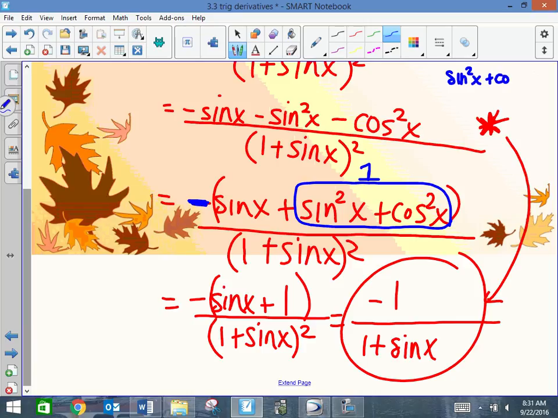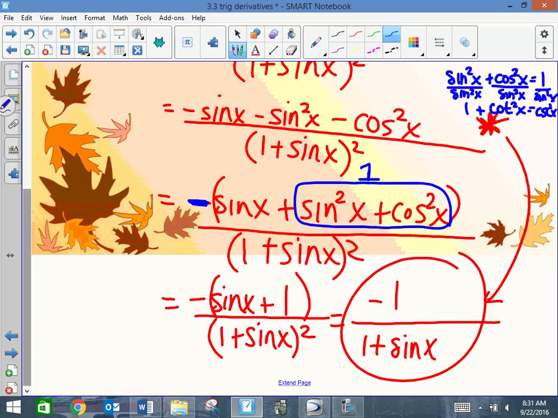Let's just talk about these real quick. Do you remember if we divide by sine squared? What's my other identity? 1 plus cotangent squared equals cosecant squared.